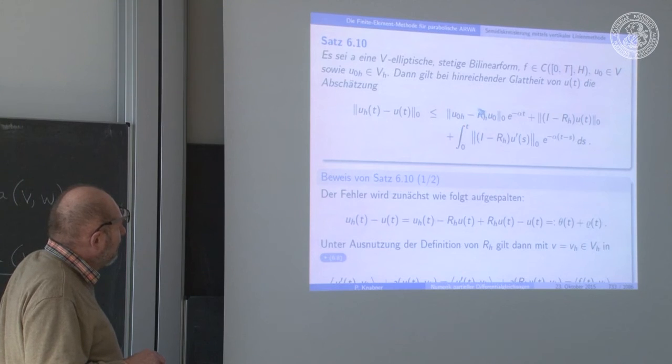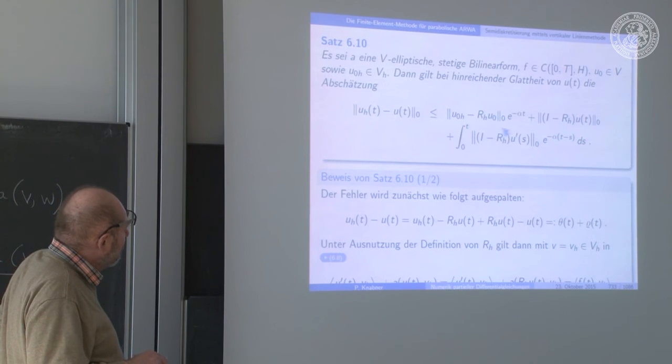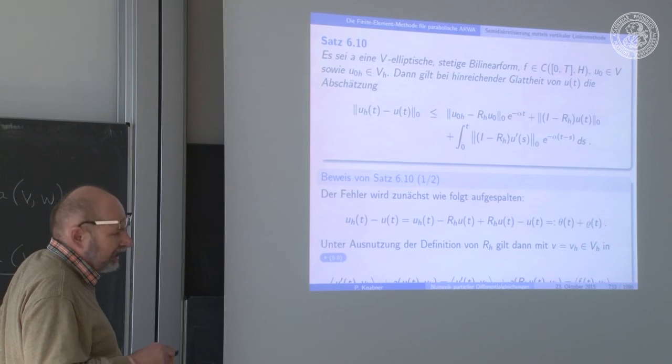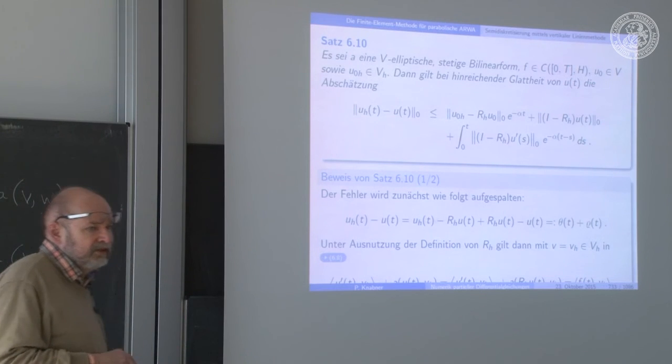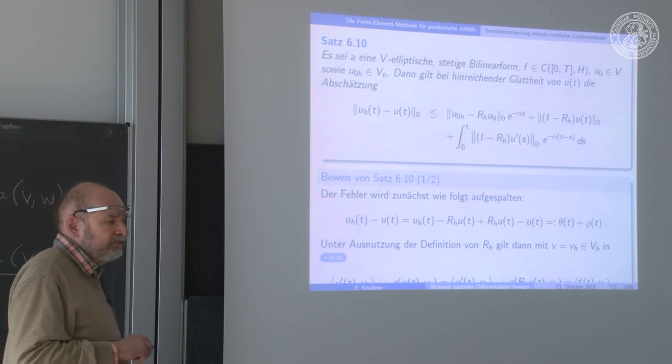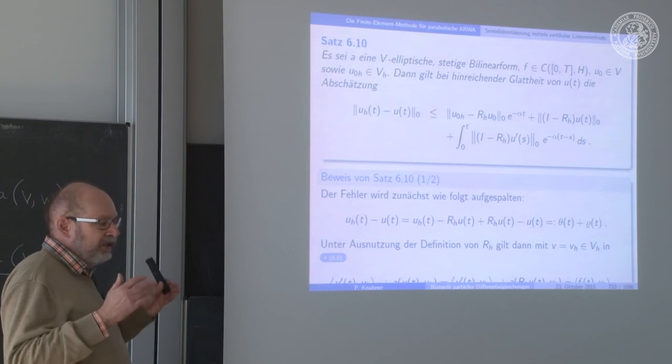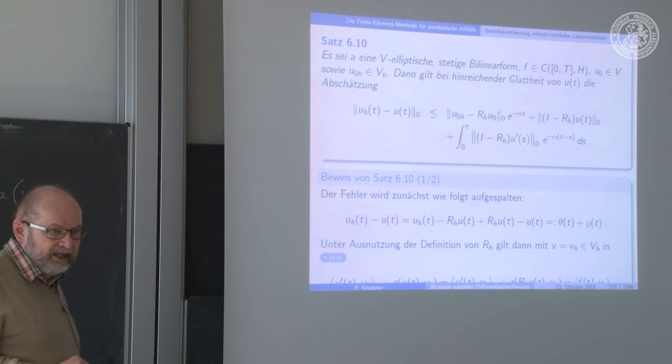And this one is the Ritz projection of the initial data. So the influence of this term is damped exponentially with e to the minus alpha t, alpha being the ellipticity constant, which in some sense means, as we have seen already, being the smallest positive eigenvalue.